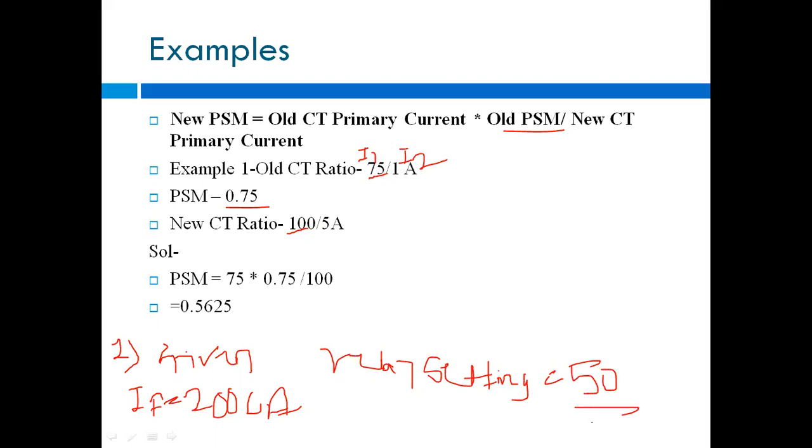And the CT ratio is 400 by 5. Then the plug setting multiplier, PSM, will be?